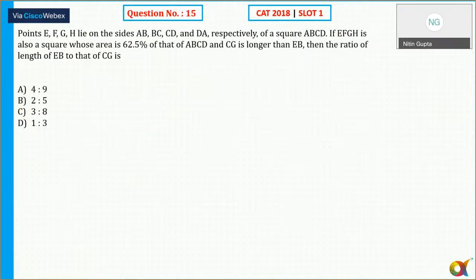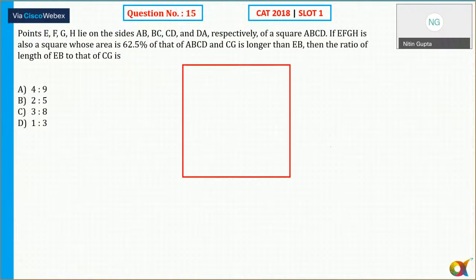15. It says points E, F, G, H lie on the sides AB, BC, CD, and DA respectively of a square ABCD. So there is a square ABCD, and then there are points E, F, G, H. Their area is 62.5% of the square, and CG is longer than EB. So CG is longer than EB.